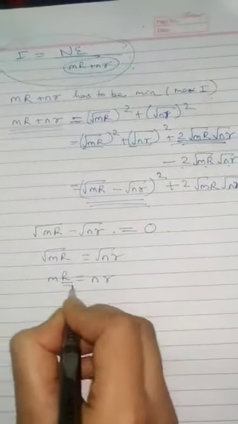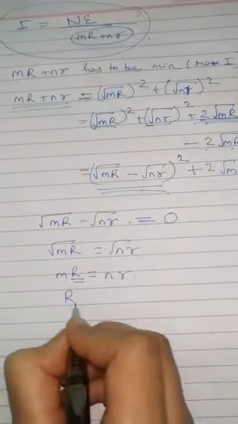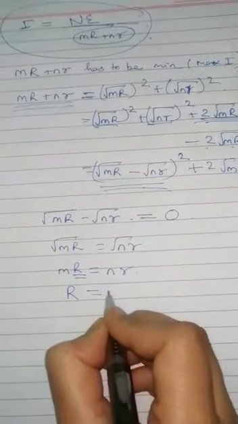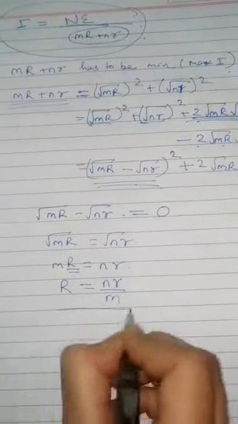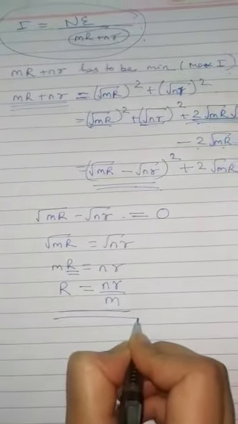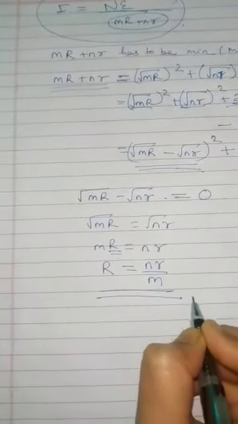So what will be the value of load that is to be connected to draw maximum current? R has to be equal to NR divided by M. So this is the value of R to obtain maximum current in this type of combination.